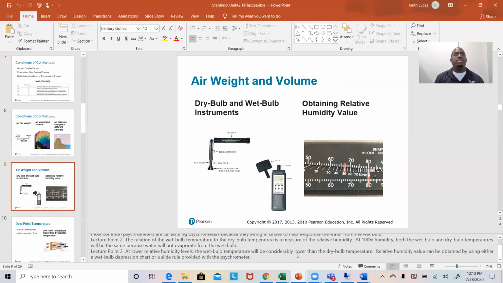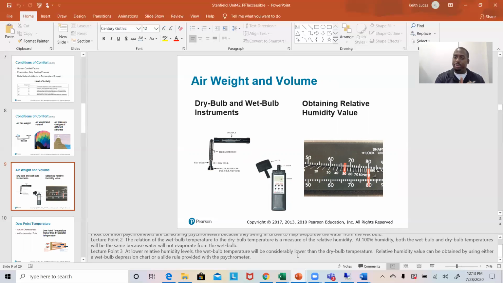When a substance goes from liquid to vapor, that's when it loses the most heat. We know that from thermodynamics. So they're using that concept when they're measuring wet bulb, and as that water evaporates off of that wet sock, it's going to give off a lot more heat.